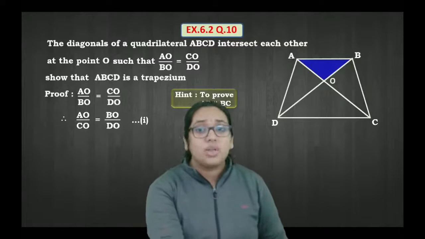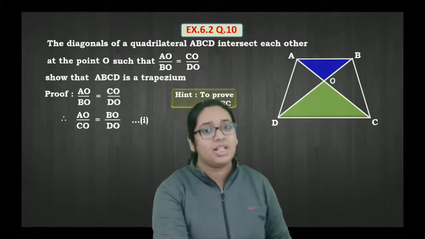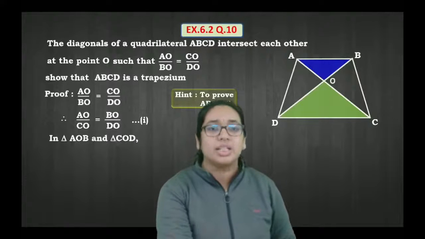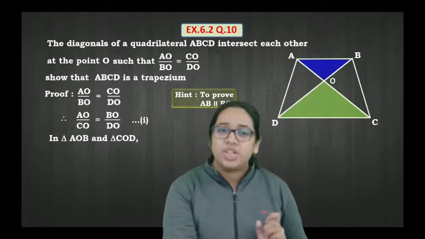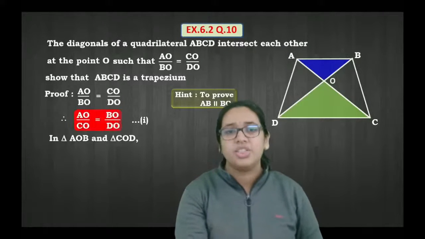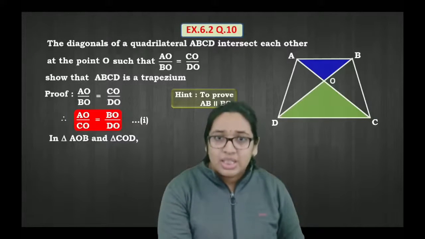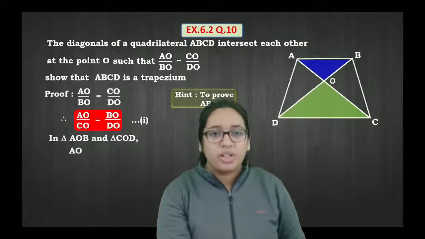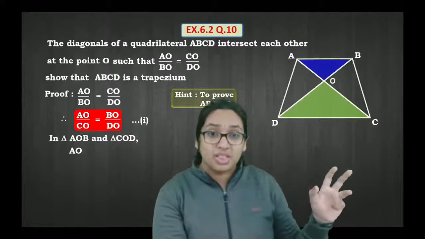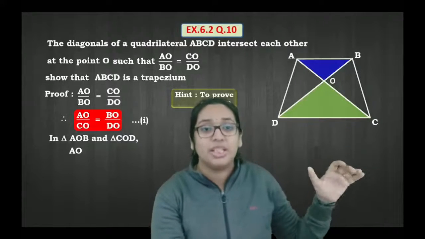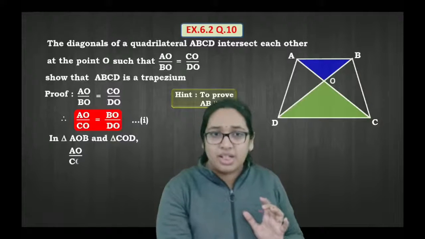So AOB and COD के लिए आप क्या बोल सकते हो? In triangle AOB and in triangle COD, AO upon CO is same as BO upon DO. मतलब आपको करस्पॉन्डिंग साइड्स इन प्रोपोर्शनल ये बोला गया है, राइट?